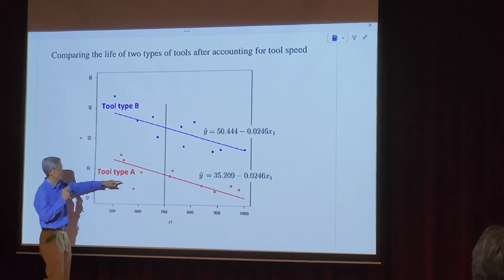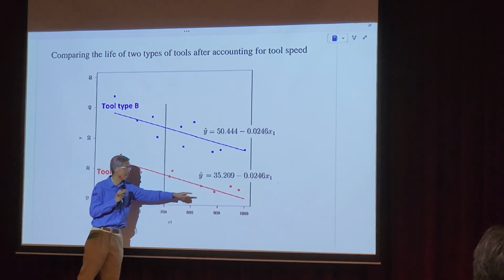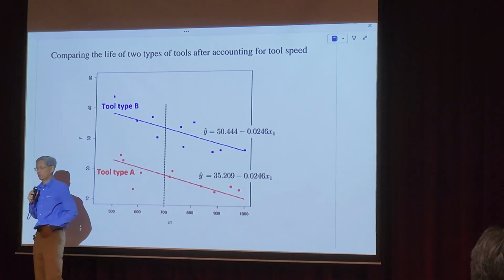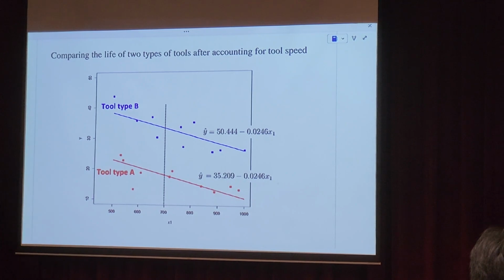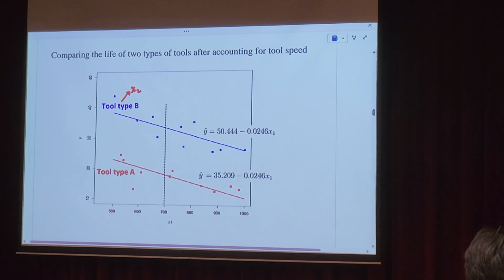Tool type A is denoted by red squares, and tool type B is denoted by blue squares. The tool type is of course called X2.